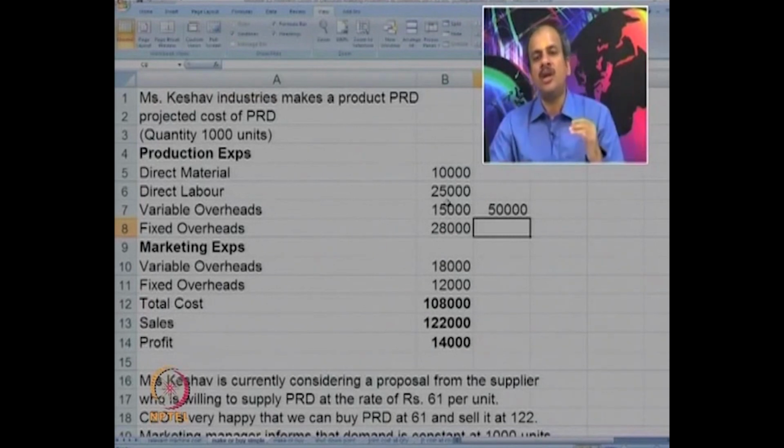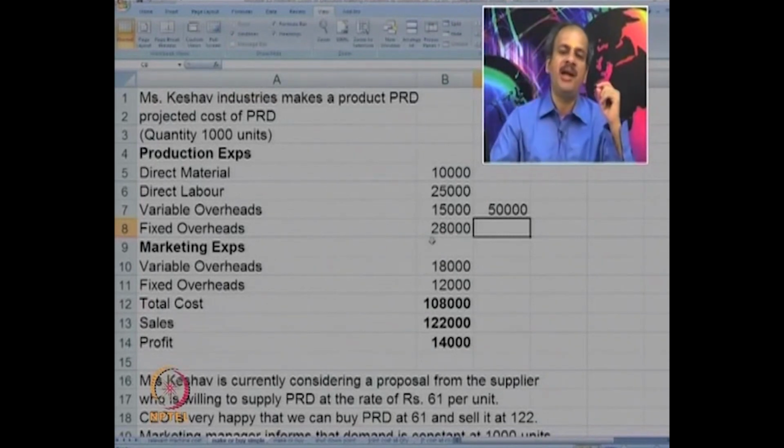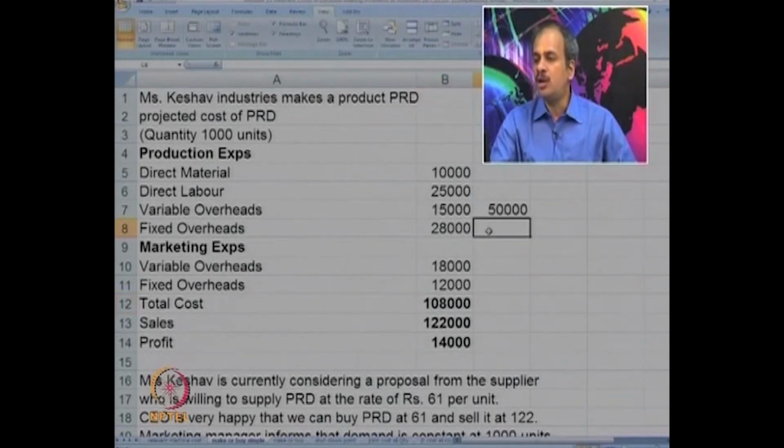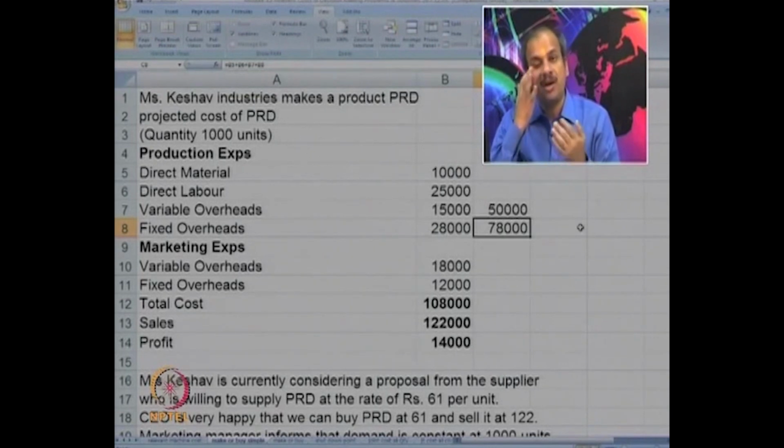If you look at the total cost, you feel you should buy, because the total cost is 108, whereas the supplier is giving it to us at 61. Even if you look at the total cost of production, you will still feel like buying, because the total cost of production is 50,000 variable plus 28,000 fixed. So it comes to 78, whereas the supplier gives it to us at 61.